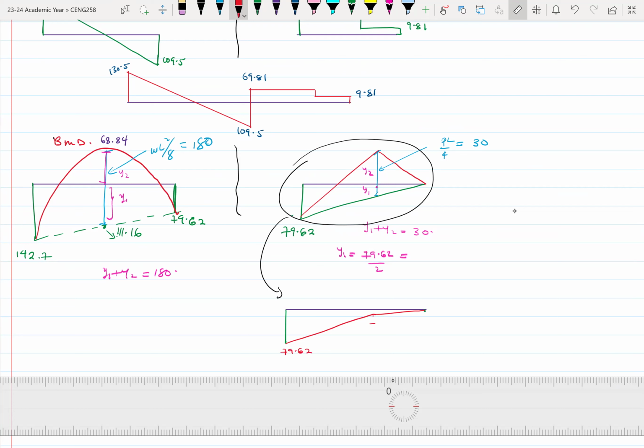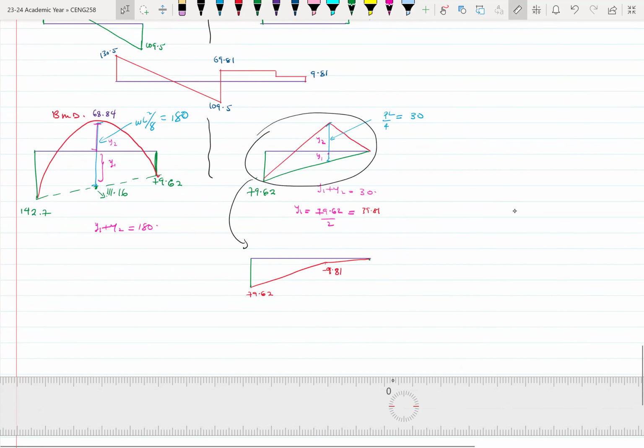This is your minus 9 point. What do we get? We had 79.62 divided by 2 gives us 39.81. So this is 9.81.